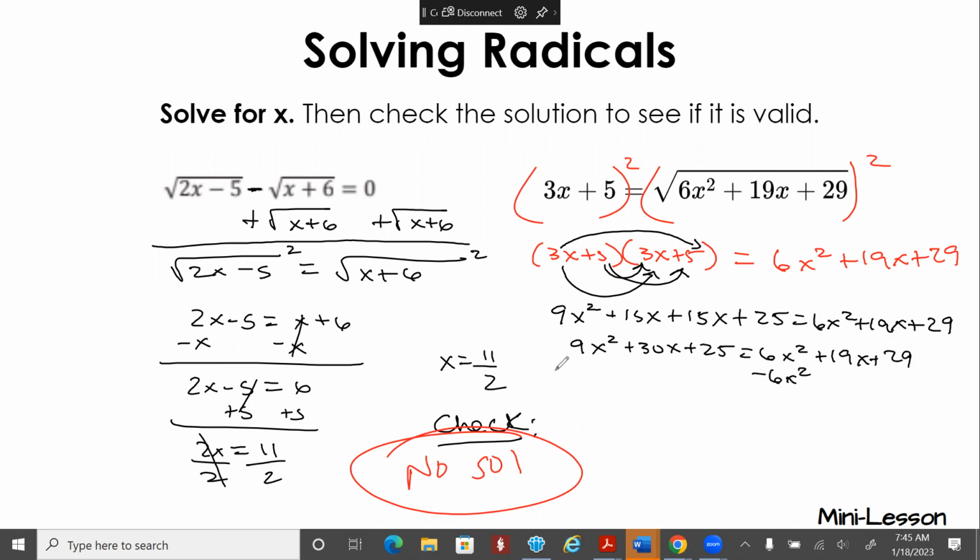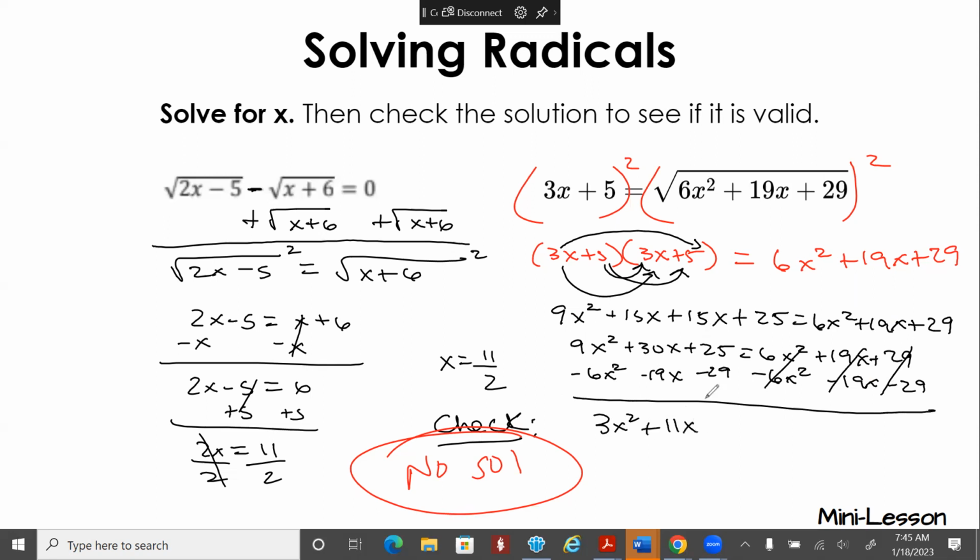So we're going to subtract that 6x squared and put it over here. We're going to subtract 19x, put it over here. We're going to subtract the 29 and put it over here. So these would all cancel. And I would end up with 3x squared plus 11x minus 4.